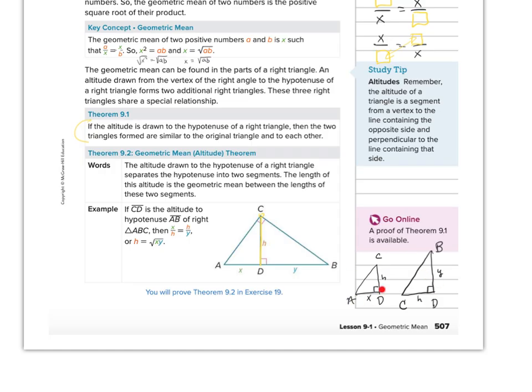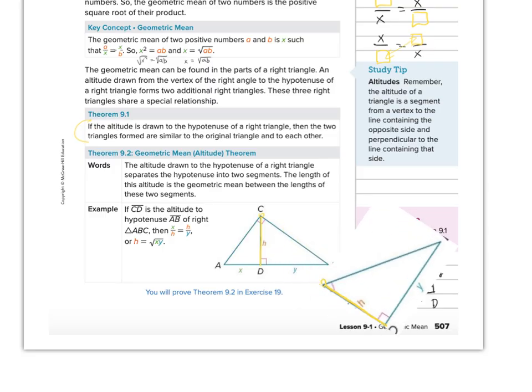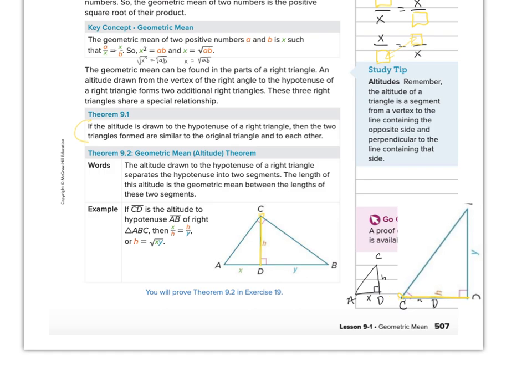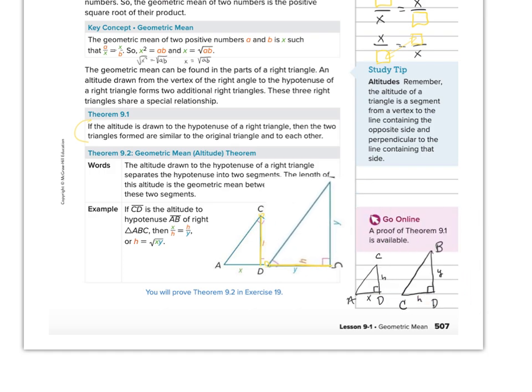So I have two right triangles, and they said they're similar. I took this portion of the triangle and said, hey, there it is, right? It looks something like that. So I have these two similar right triangles. And remember, when we're talking about similarity, we keep apples with apples and oranges with oranges.